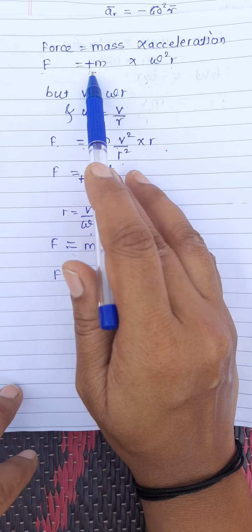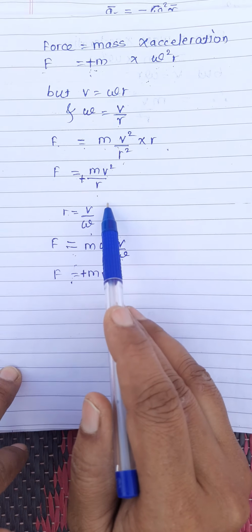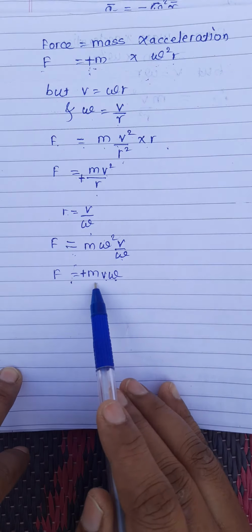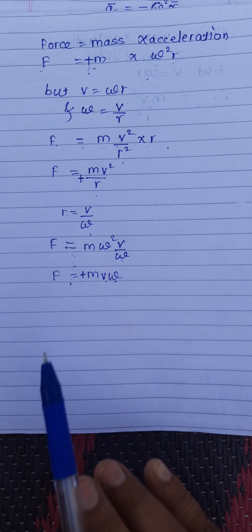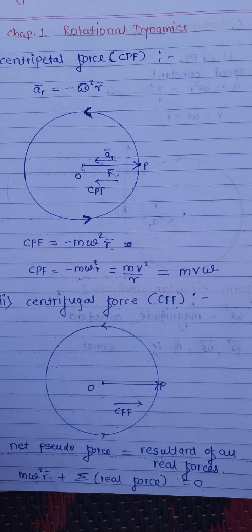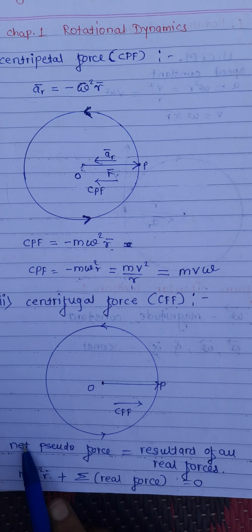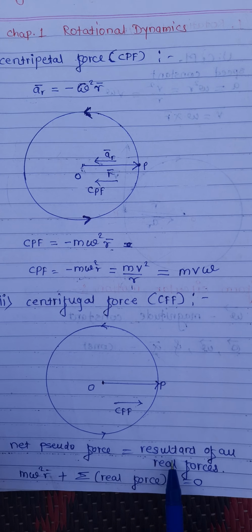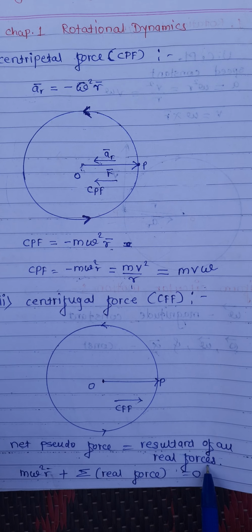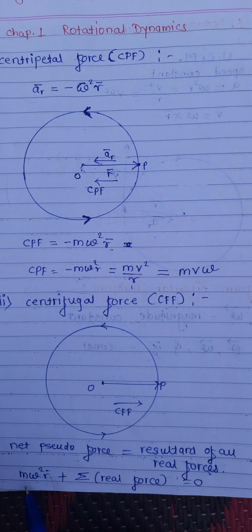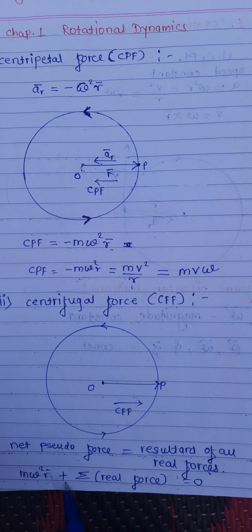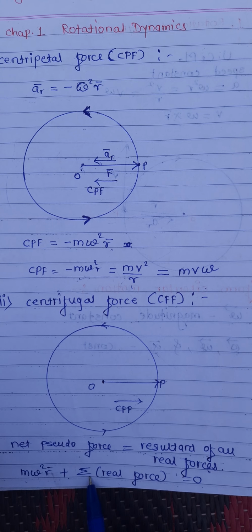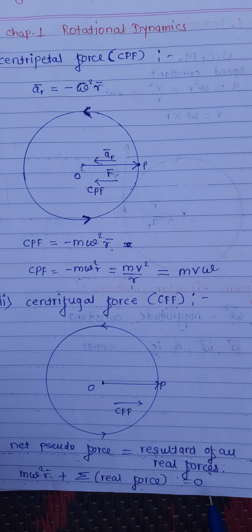This indicates that it is directed away from the center of the circle. We can represent centrifugal force as net pseudo force is equal to the resultant of all real forces. Therefore, m omega square r plus summation of all real forces is equal to 0.